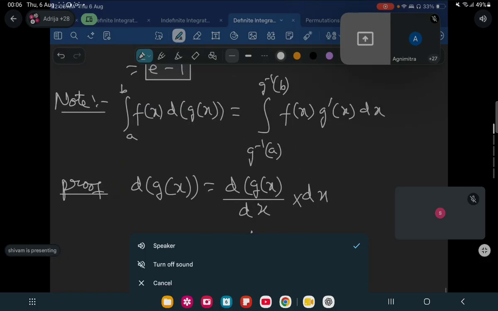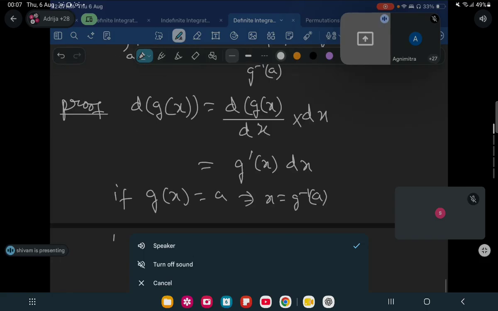If g of x is equal to a, what is x? X is equal to g inverse a. And if g of x is equal to b, then x is equal to g inverse b.